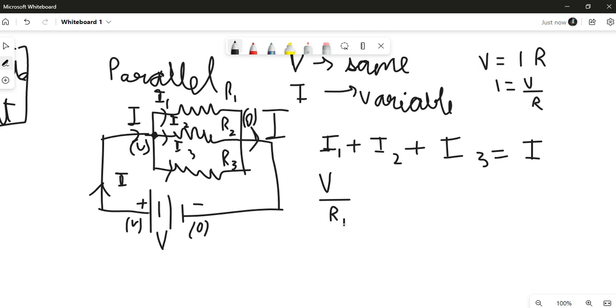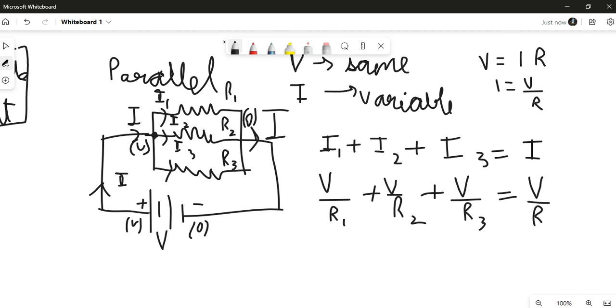Why am I saying V? Because everything is connected between these 2 points, right? V and 0. Plus V by R2 plus V by R3 equals V by the net resistance, right?